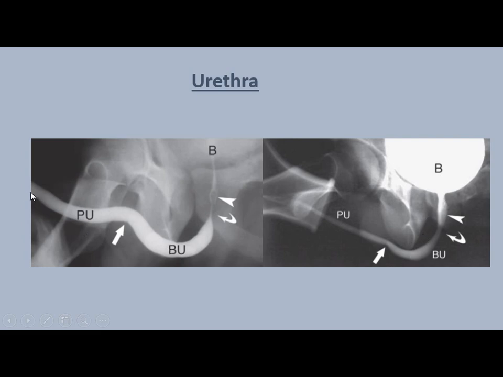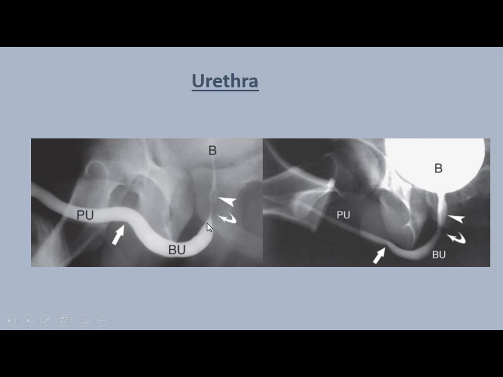In retrograde, we insert a catheter or a syringe, and usually the balloon may be inflated in the navicular fossa, and we inject contrast. Then we take an image from the right posterior oblique position.